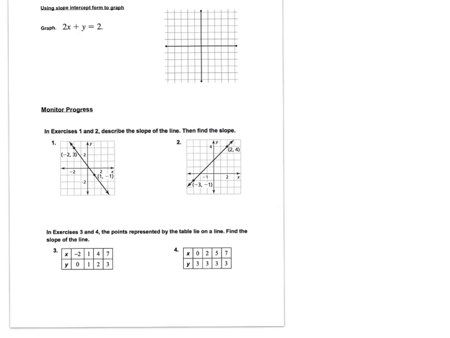So if we review off to the side, slope-intercept form is y is equal to mx plus b, where m is going to be your slope. Okay, m is your slope. And b, in this case, is going to be your y-intercept.